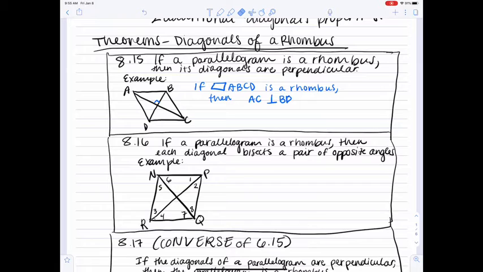If parallelogram NPQR is a rhombus, then these diagonals across are actually bisecting the angles they go through. So that means angle 1 is congruent to angle 2. You see how this one right here is cut in half?